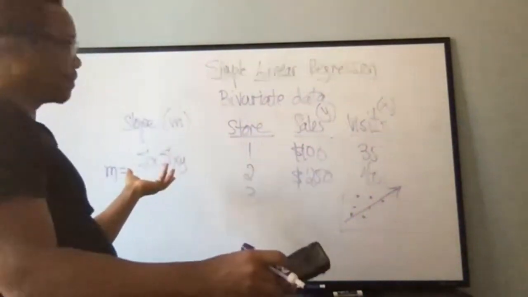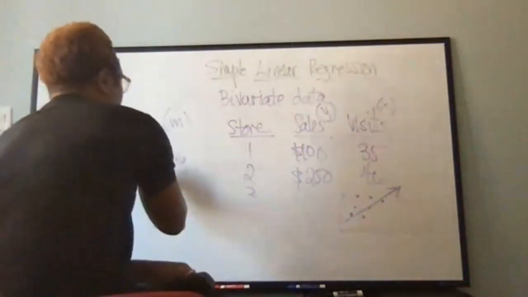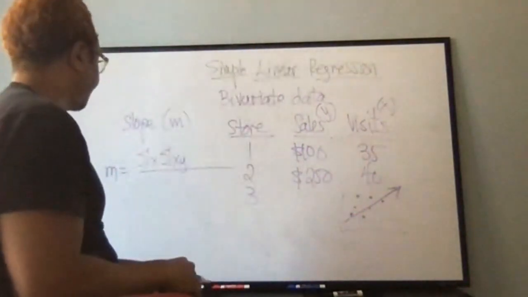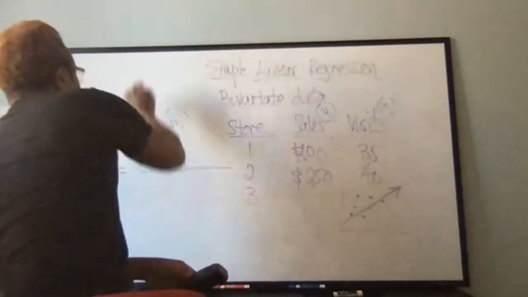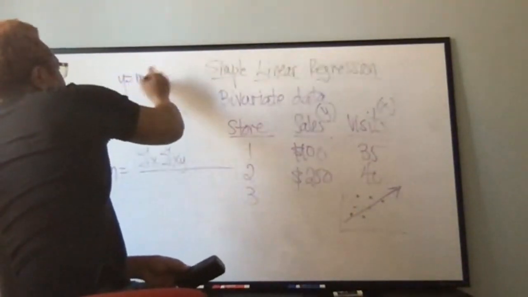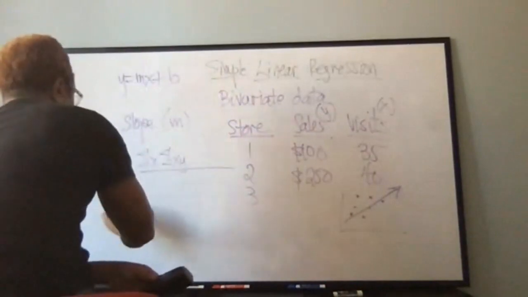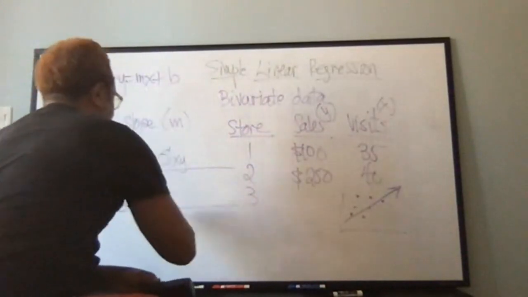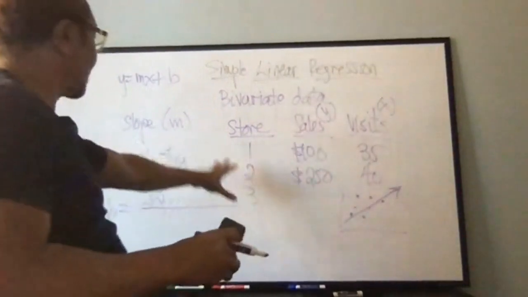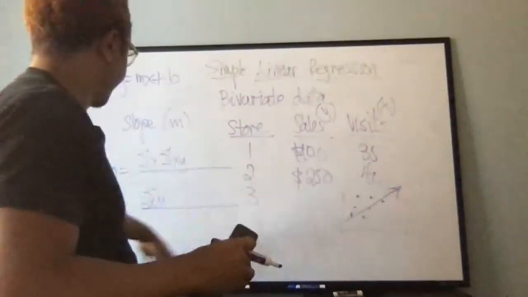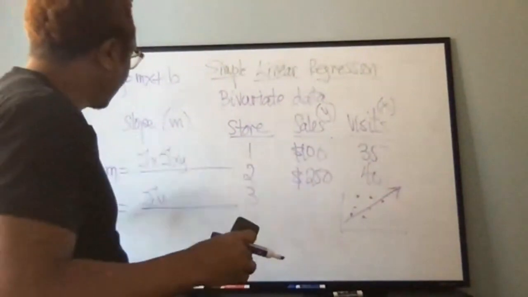Make sure you know how to find that. And then it was like over something, I forget exactly. And then the y-intercept, so we have something like y equals mx plus b. And then the y-intercept was also something like this, summation of y. But just make sure you go back over and make sure you have these formulas handy.